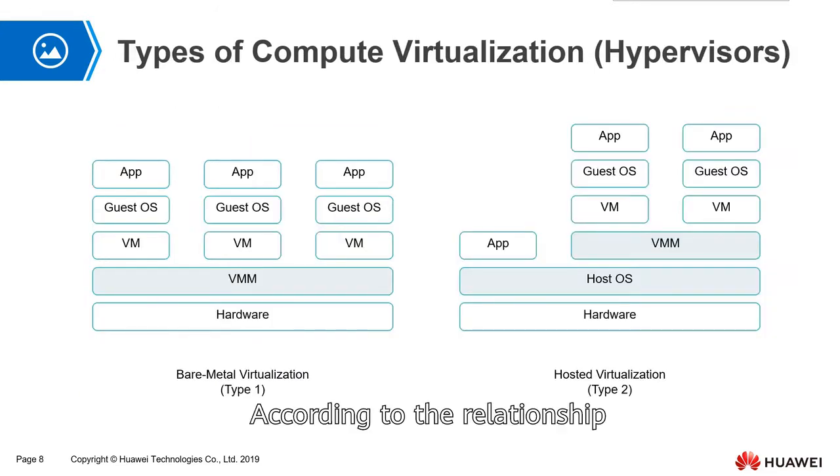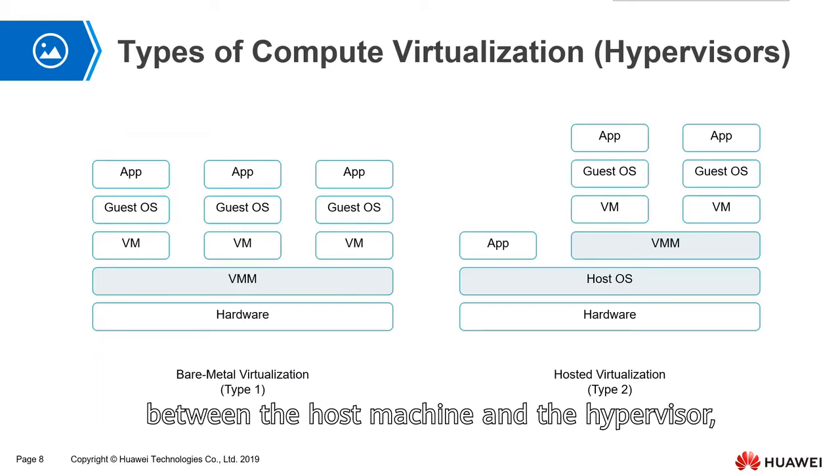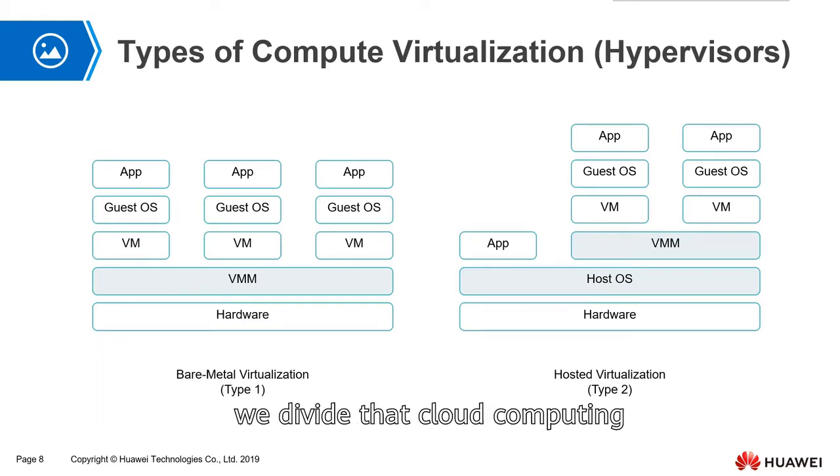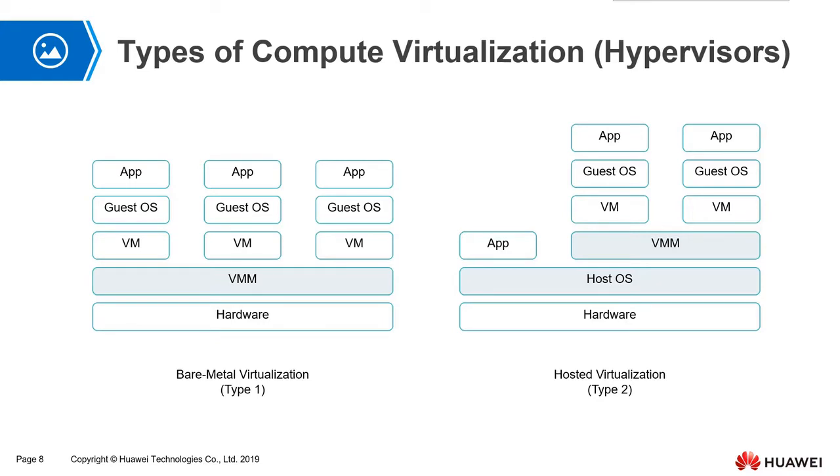According to the relationship between the host machine and the hypervisor, we divide cloud computing virtualization into two types. Some information says there are 3 or 4 or 5. These are not wrong, but we only discuss virtualization of type 1 and type 2 in this chapter.